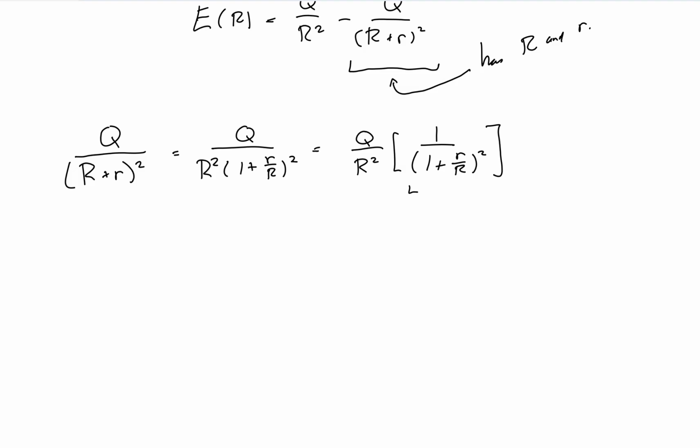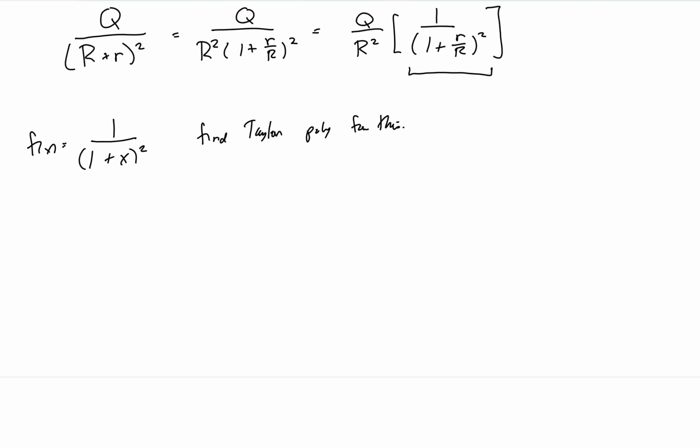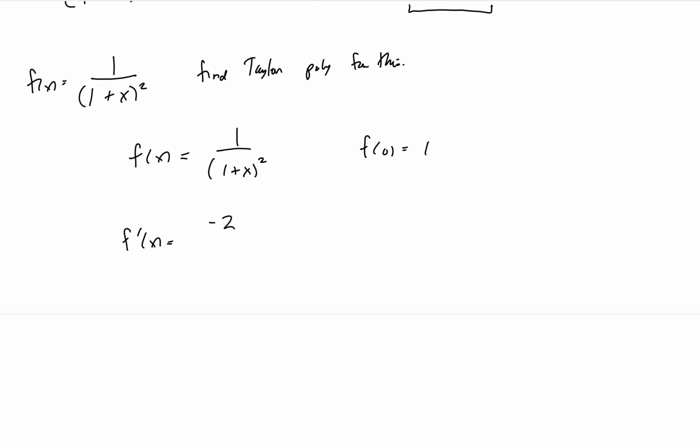So now we're going to look at just this term here. So let's look at 1 over 1 plus x squared, and we'll find the Taylor polynomial for this. Let's call this f of x. Okay, so let's make our table. So if you need to, pause the video, make sure you understand that these are the correct derivatives.